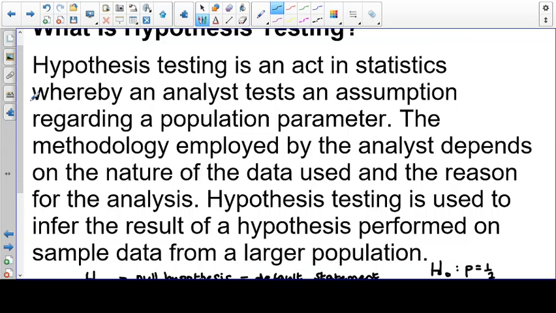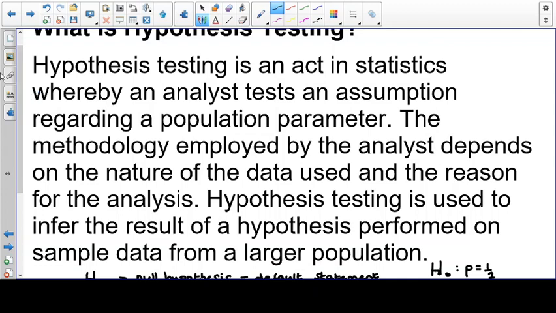So we're using the information that we've worked out for our sample to determine whether there is enough evidence to suggest that our findings will be true for the whole population. And that's essentially what a hypothesis test is. So you perform some statistics on a sample and look to see if there is enough evidence to suggest that it's going to be true for the whole population.